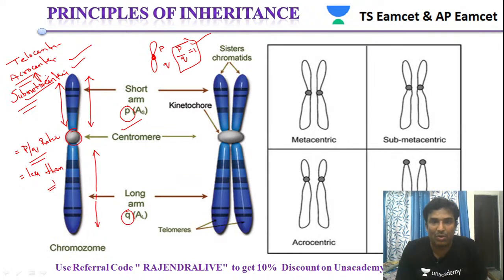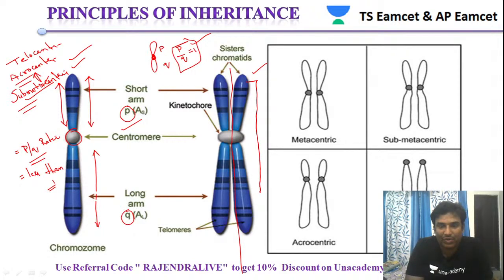Then if you see this chromosome, every chromosome has 2 chromatids. You can clearly see this part of the chromosome from here to here is called a chromatid. And this is another chromatid.